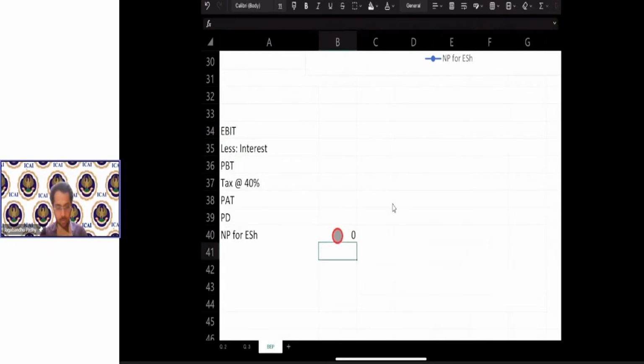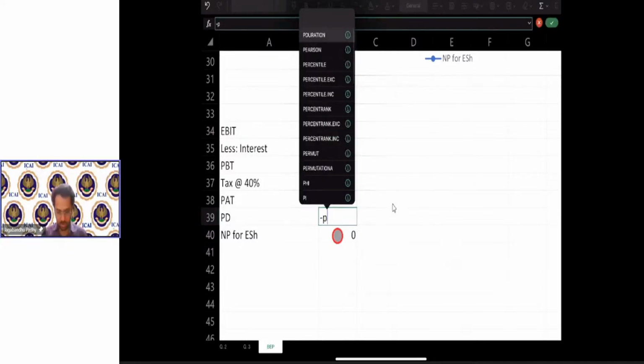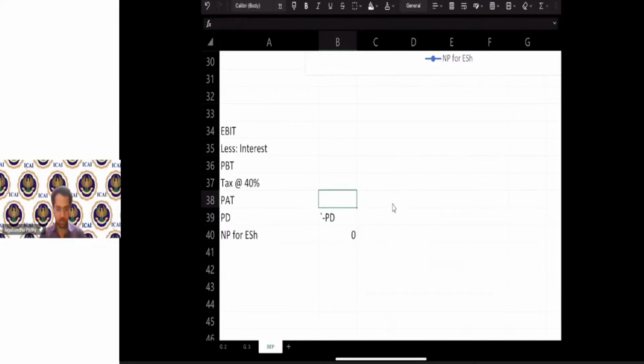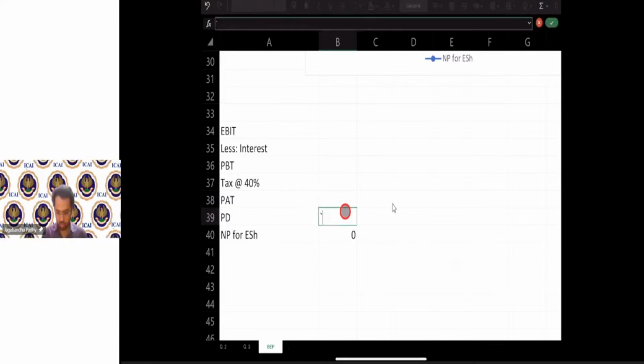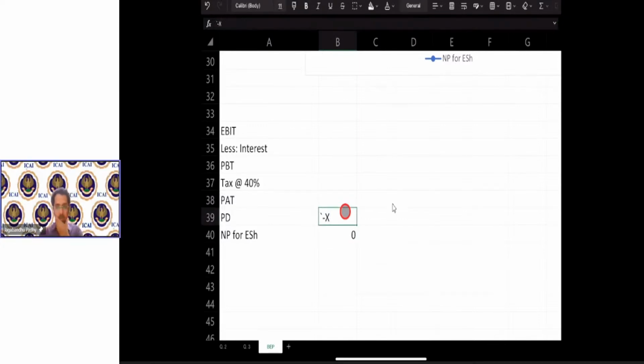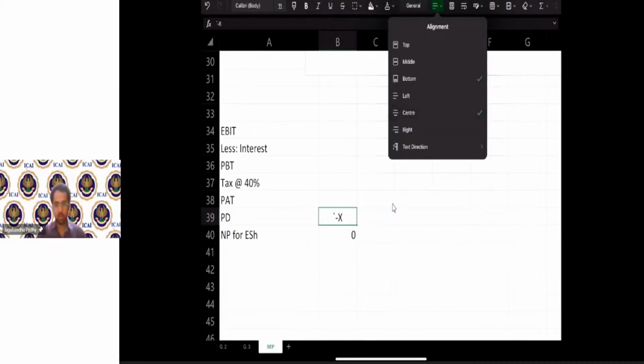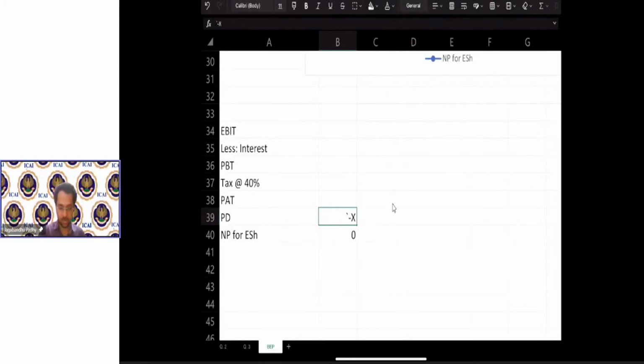If my net profit for equity shareholders is going to be 0, and my preference dividend is X amount, what will be the PAT amount?